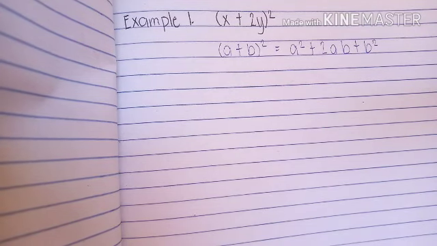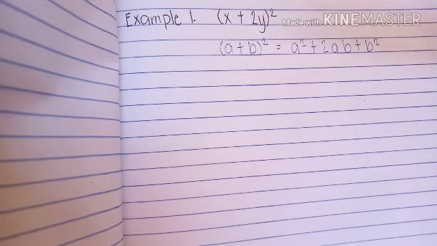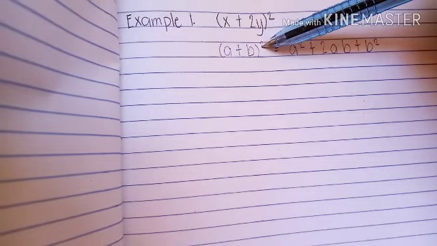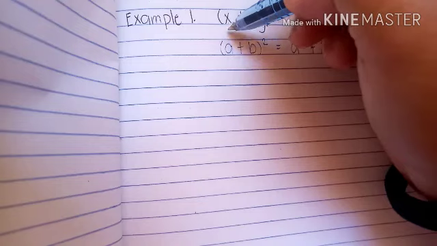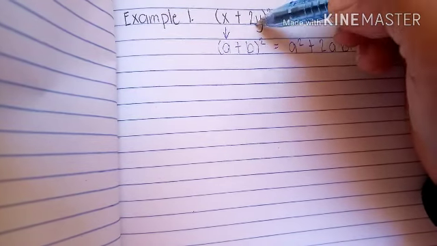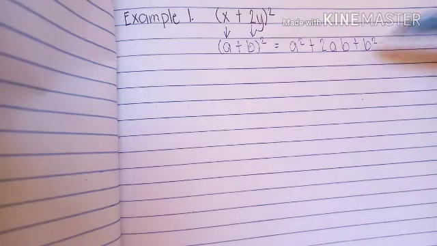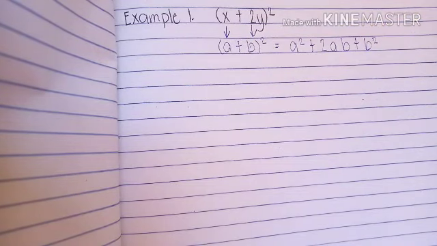Now, the first step is to find the value of your a and b. It follows the format of our (a + b) squared. Since your a corresponds to your x, therefore a is x, and the 2y would now be your b. Since we know what our a and b are, we now substitute here.